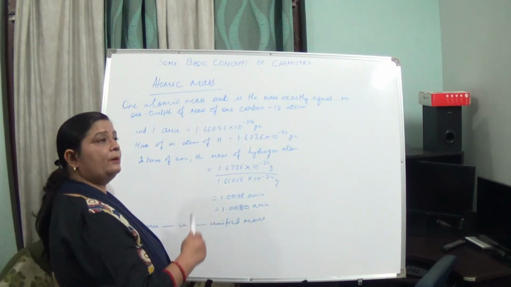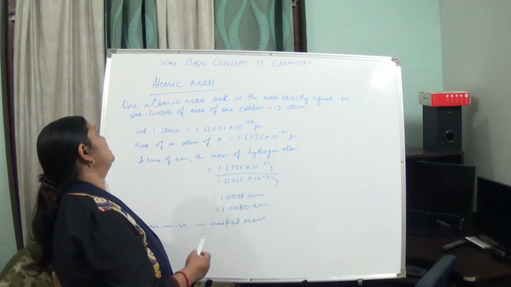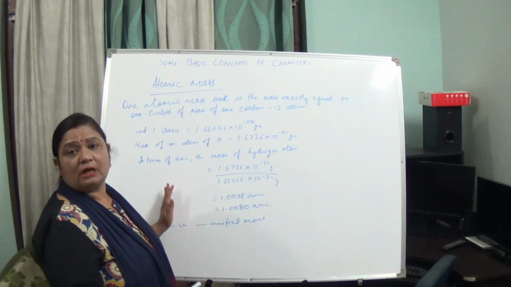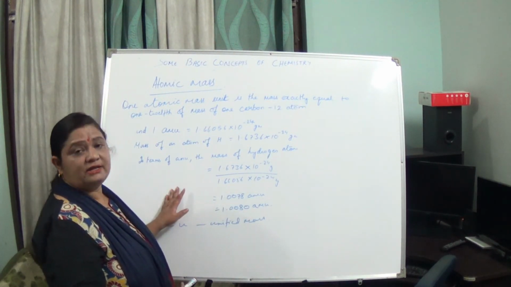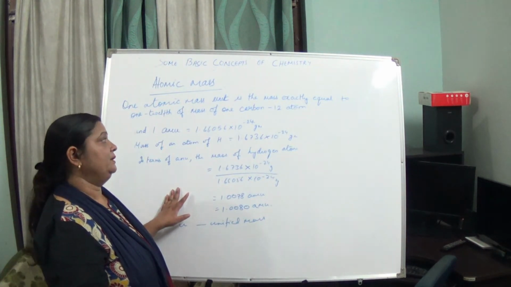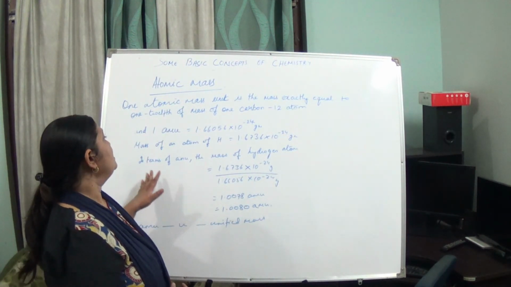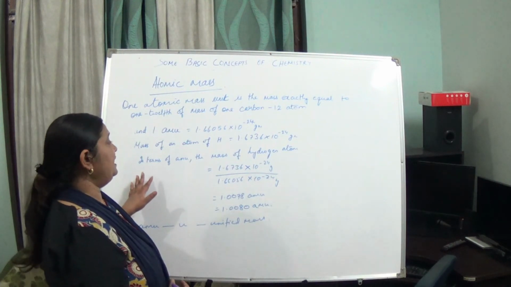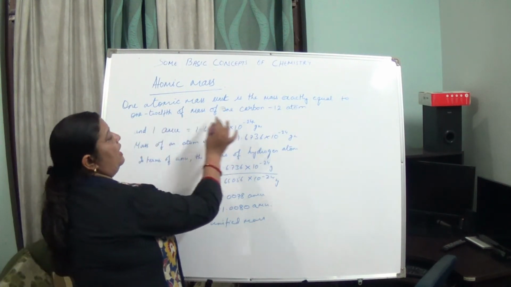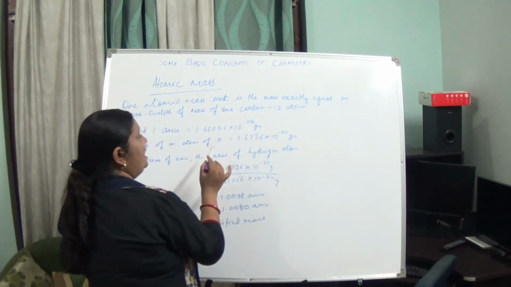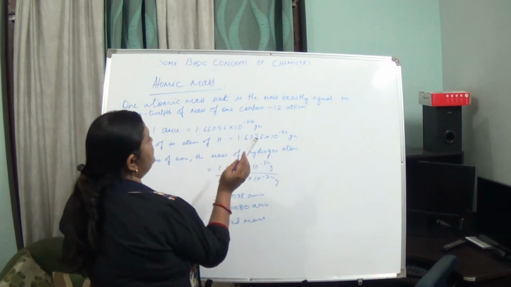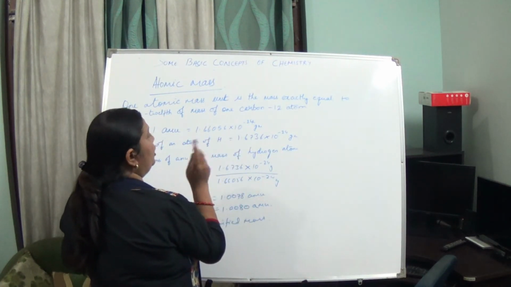But later on it was changed to carbon. So here we are saying 1/12 of a carbon 12 atom, whose atomic mass is 12.